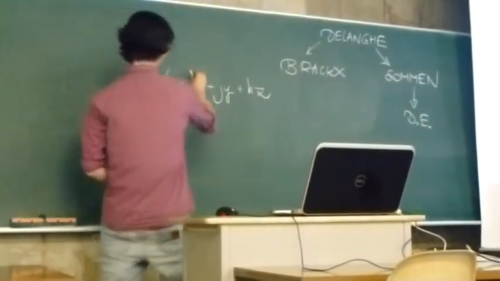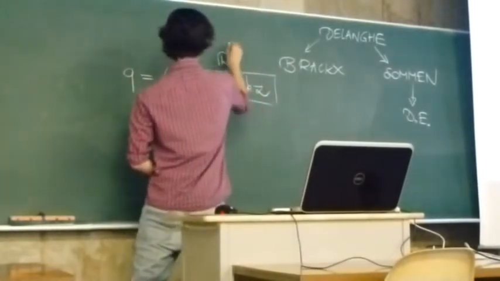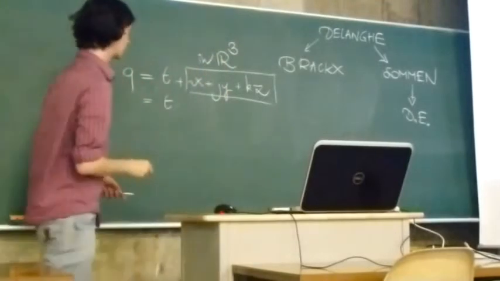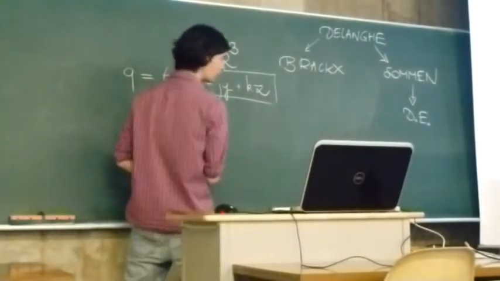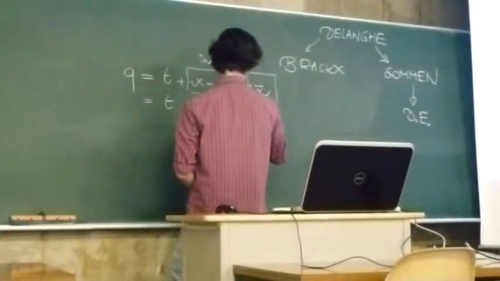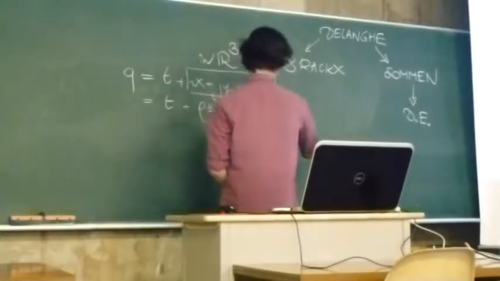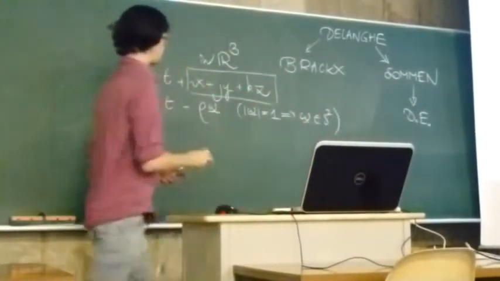I keep the t. Now, this is a vector in a 3-dimensional space. So this basically sits in R3. So what I do is to write it as a norm times a unit vector. So the omega is a unit vector. Omega belongs to S2. It's the unit sphere.